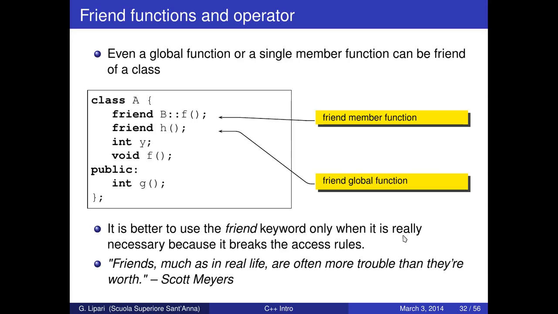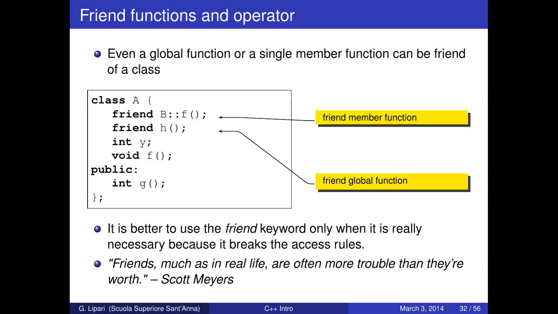It is better to use the friend keyword only when it is really necessary, because it actually makes things more confusing and it breaks the access rules. So actually, friend, I think in the long run should really be deprecated in C++. So we should avoid using friend as much as possible. It's a way to optimize things, but it's not very useful.